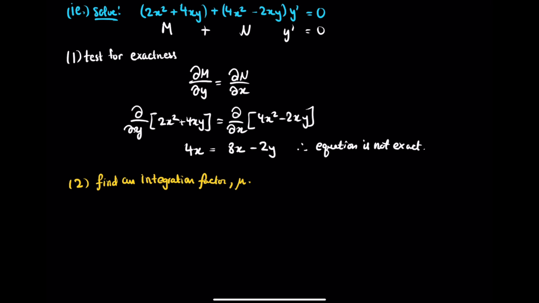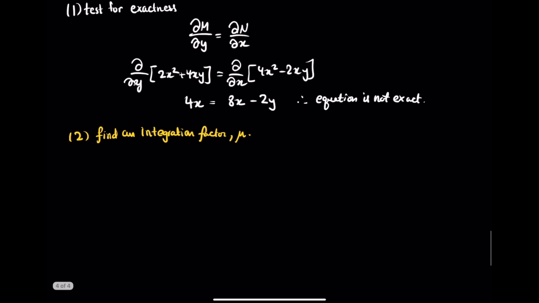So let's find the integrating factor. The integrating factor can either be in terms related to p or can be related to q, right? So let's find p of x. Remember, p of x was 1 over n, partial derivative of m with respect to y, minus partial derivative of n with respect to x.